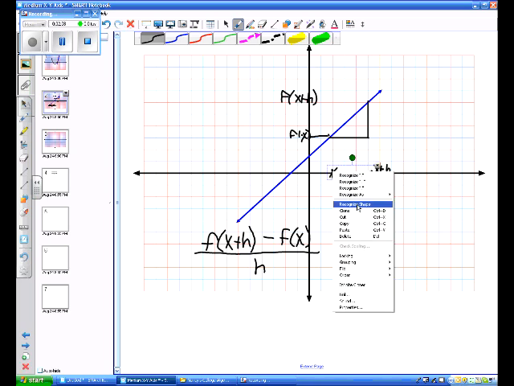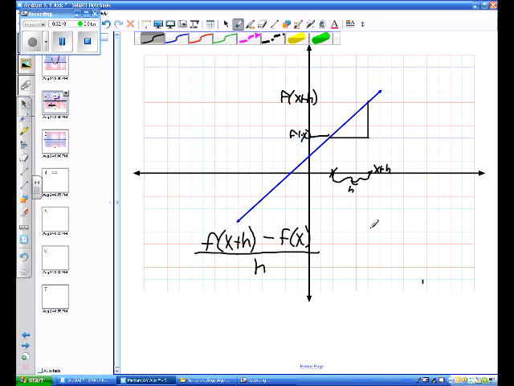So this is very similar then to what we've dealt with before, that we have y sub 1 minus y sub 2 divided by x sub 1 minus x sub 2. And that's what we call our slope. So the difference quotient is just another way that we have of finding the slope. It's the change in the y's over the change in the x's, how much the x's changed.